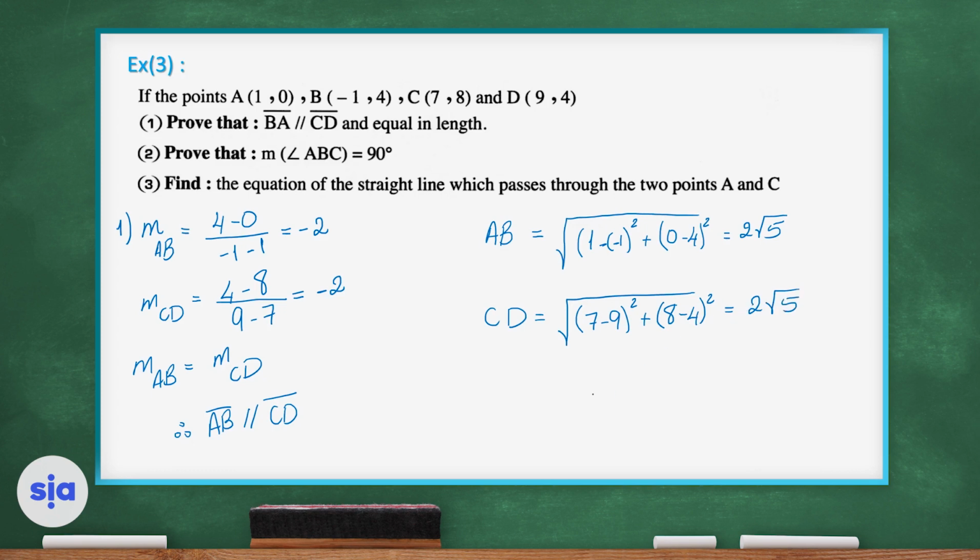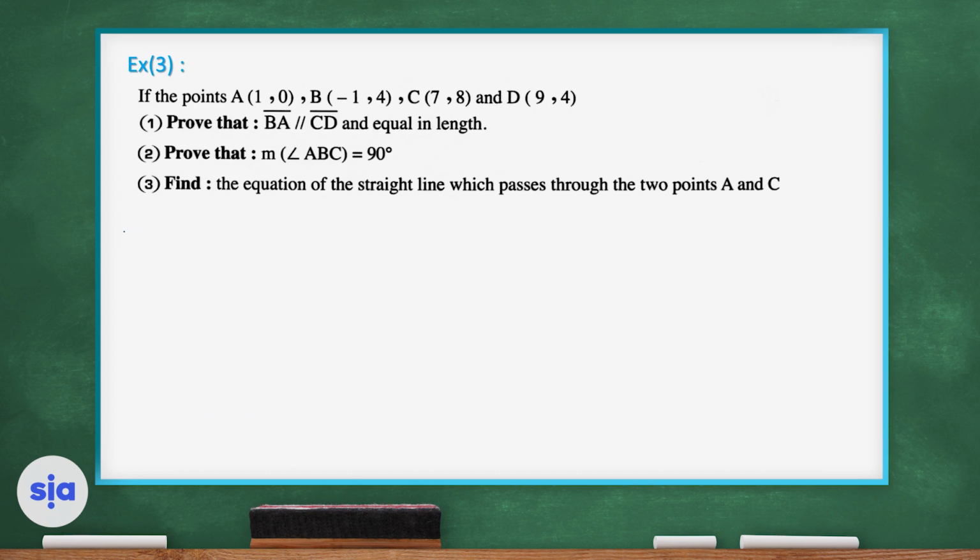Then this proves that AB is equal to CD in length, and each of them, its length is 2 square root of 5.